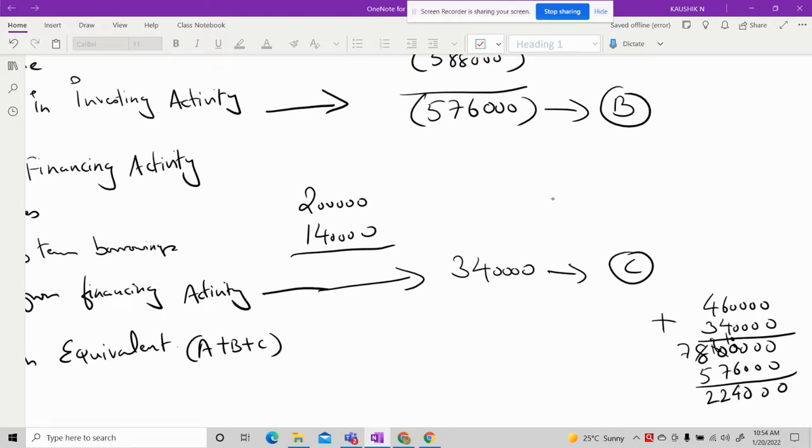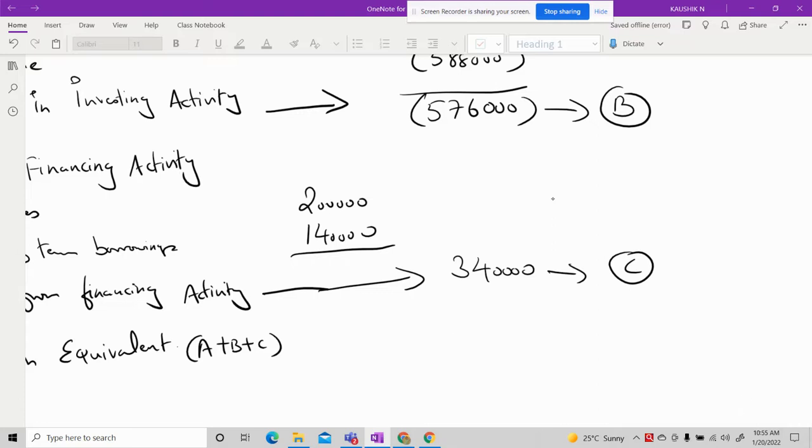I'm sorry, there's a small mistake. Add the values properly and check it out.